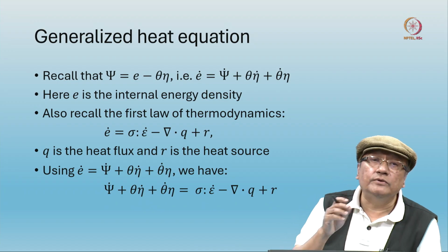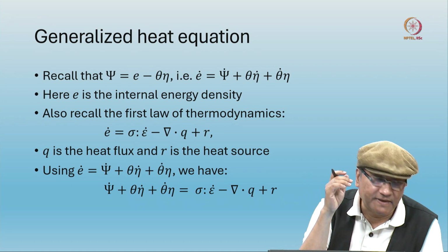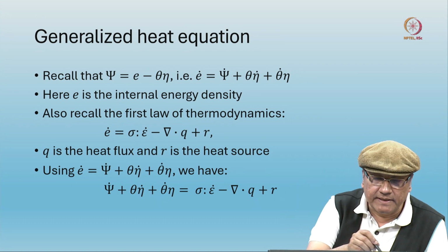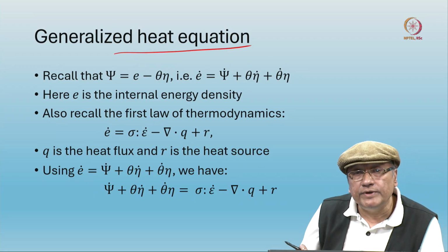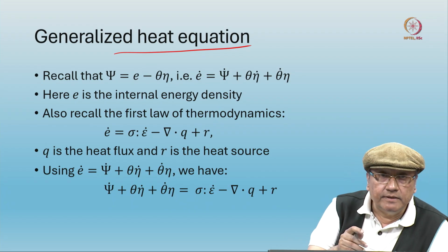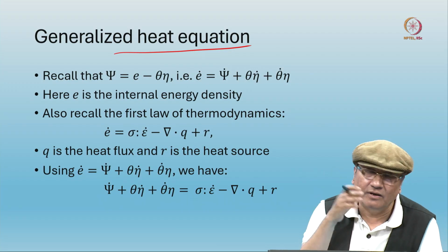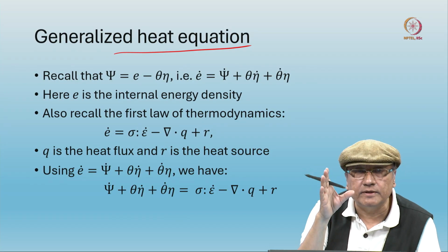Anyway, the question now is: how is this heat equation modified because of plasticity? In order to understand this generalized heat equation, recall that we have the free energy psi defined in terms of the specific internal energy. In this case, that word 'specific' is not important because there is only one configuration.